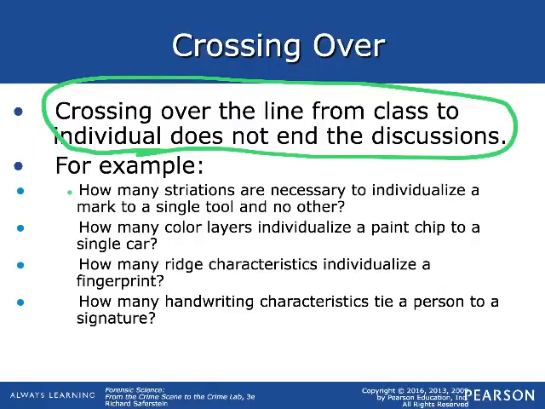An example is how many striations are necessary to individualize a mark to a single tool and no other? How closely does it have to match? How many color layers individualize a paint chip to a single car? How many ridge characteristics individualize a fingerprint? How many handwriting characteristics tie a person to a signature?